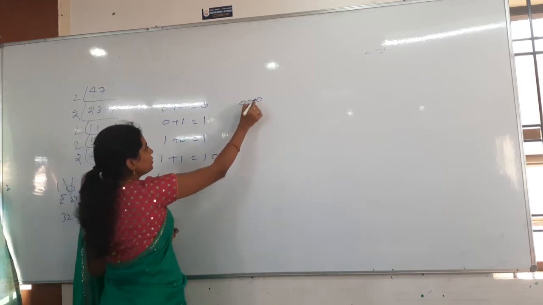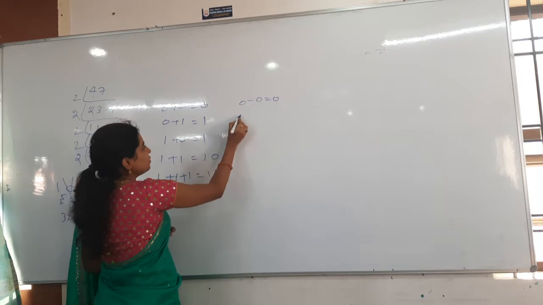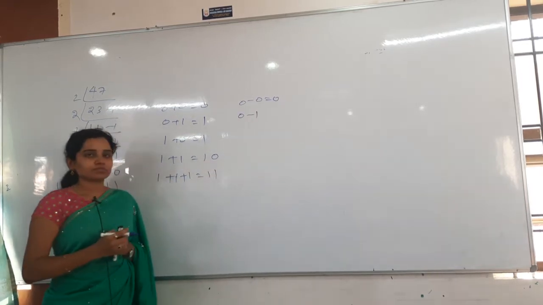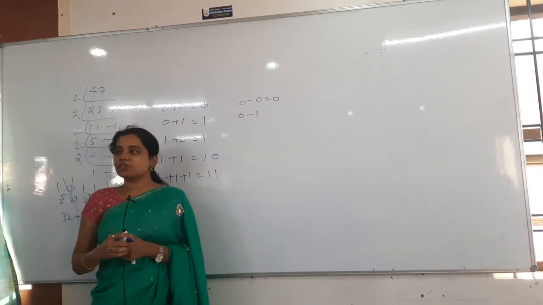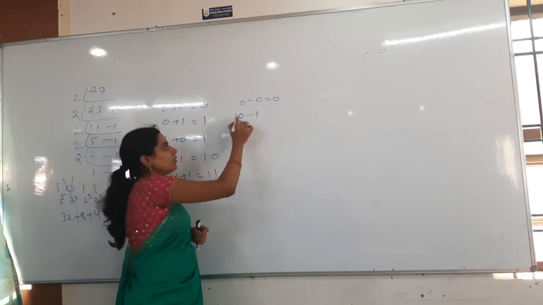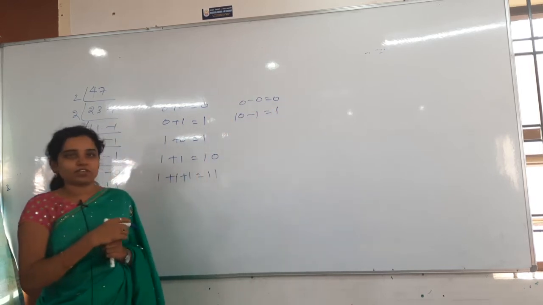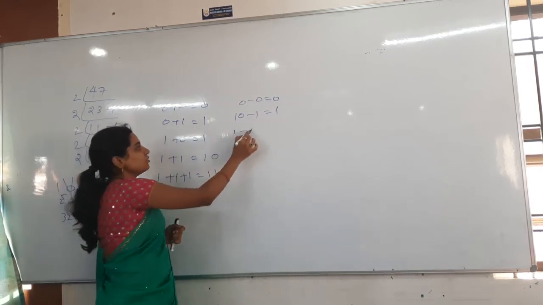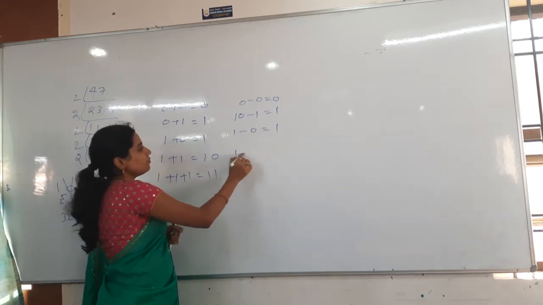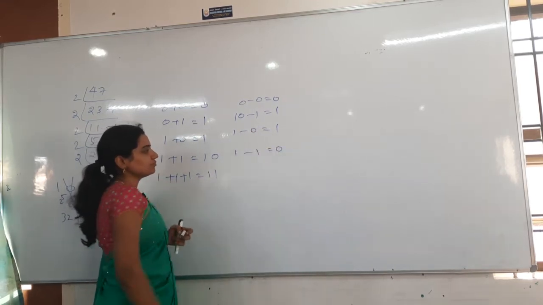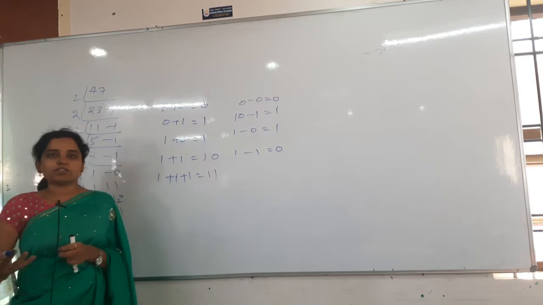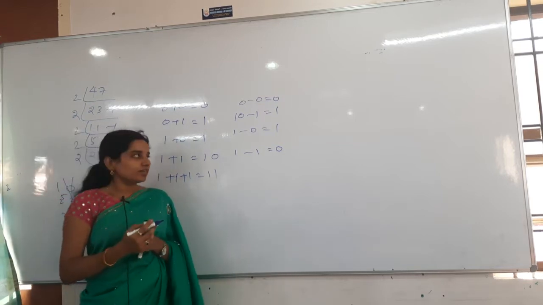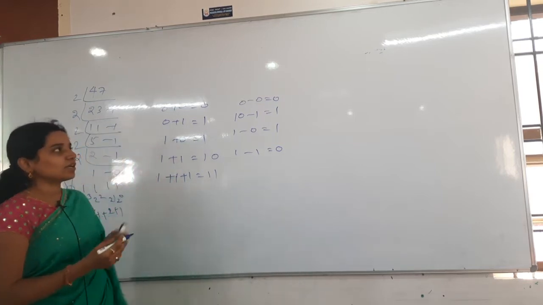Next, for subtraction, 0 minus 0 is 0, 0 minus 1 is 1 with a borrow, then 1 minus 0 is 1, 1 minus 1 is 0. That's it. Triple 1 also, that is 0 only you will get. This is about the addition and then subtraction we have discussed.